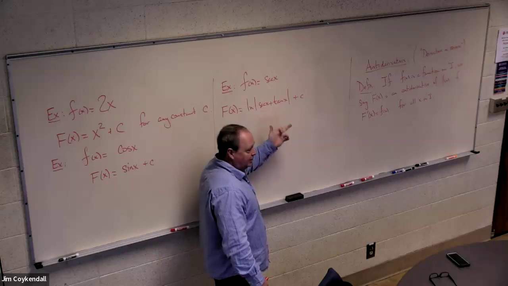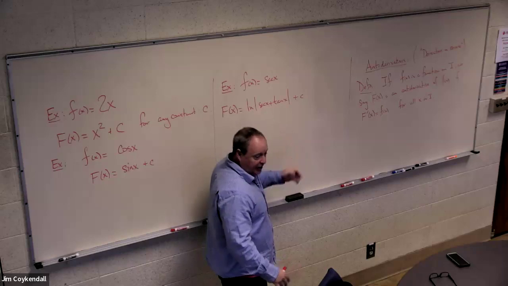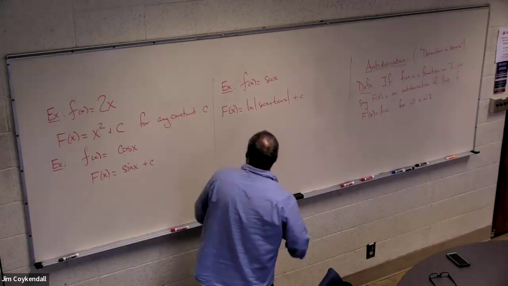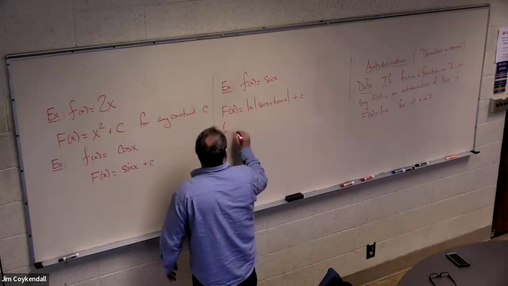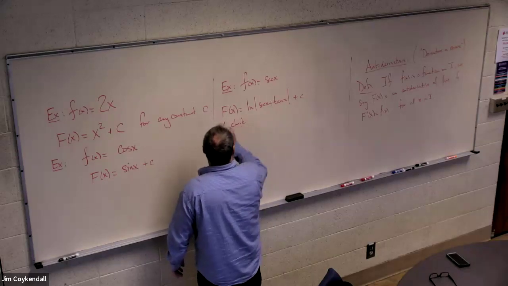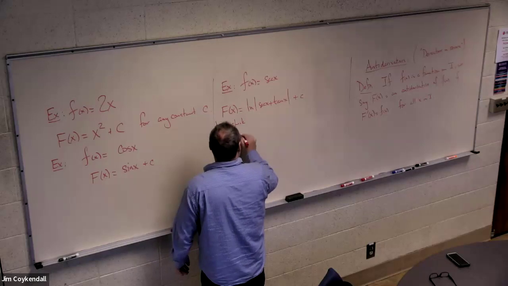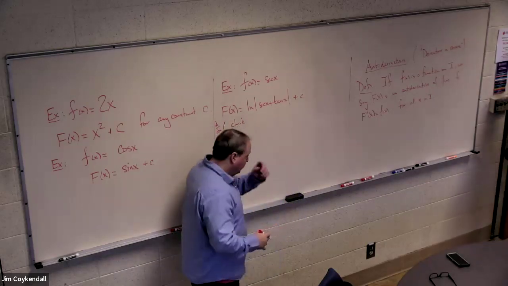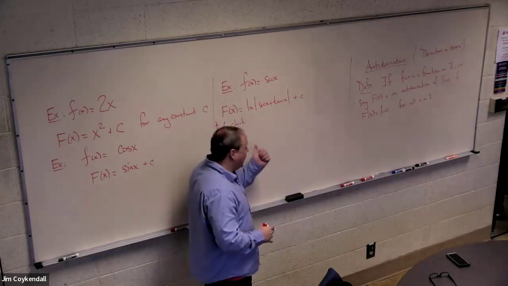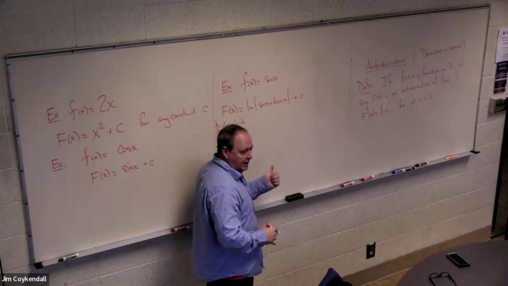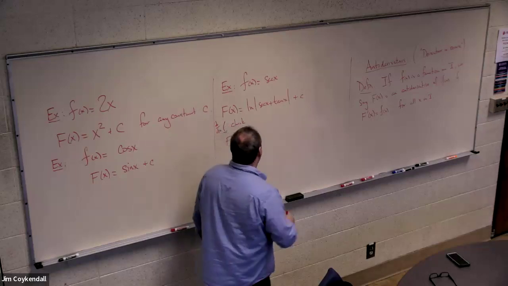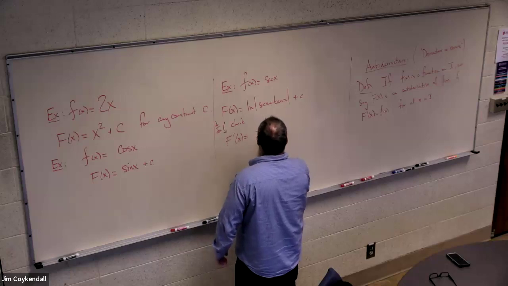But it's checkable. So if you're a little bit skeptical of me, which maybe you should be, check it. Let's go through this. What is the derivative of the natural log of the absolute value of u? 1 over u.